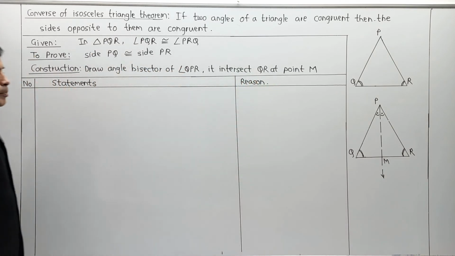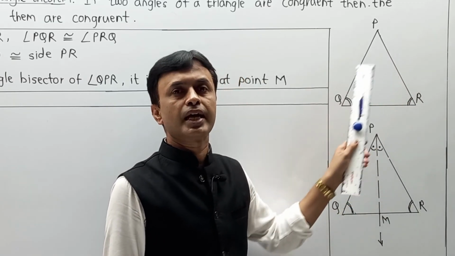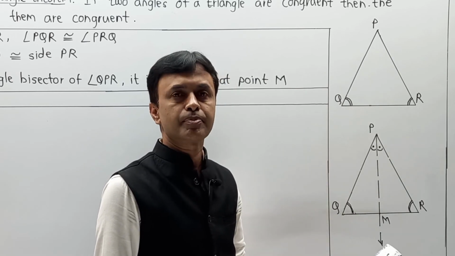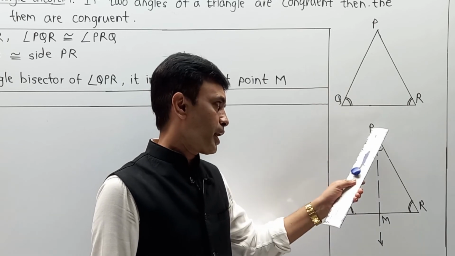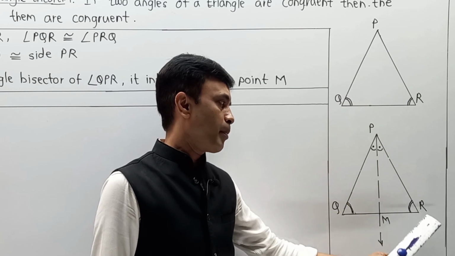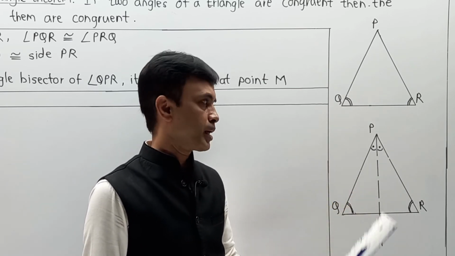Starting from triangle PQR. Basically PQR is a given triangle where angle Q is congruent to angle R. After that we have drawn the angle bisector, that is PM. Now we are going to compare two triangles. In triangle PQM and PRM, here one by one.